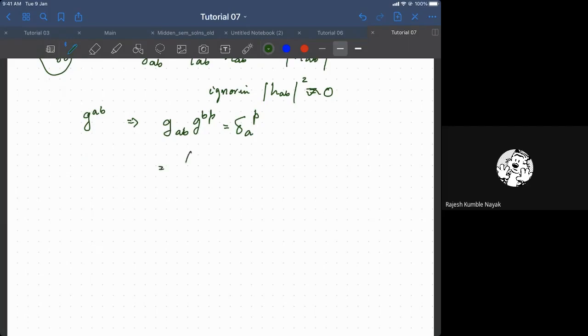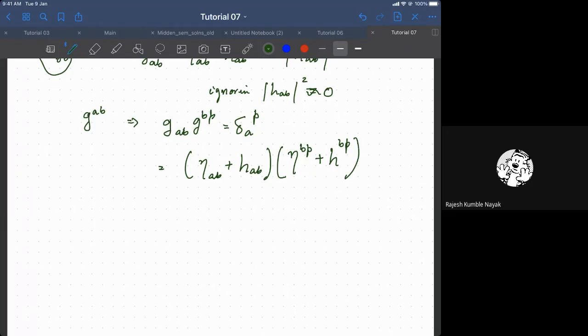We have assumed that this one is equal to eta AB plus HAB, and then we write the upper index also in the same fashion, eta BP plus HBP, and then see what relation between the upper HAB and lower HAB gives us the complete value of the upper index. So we can do the calculation.